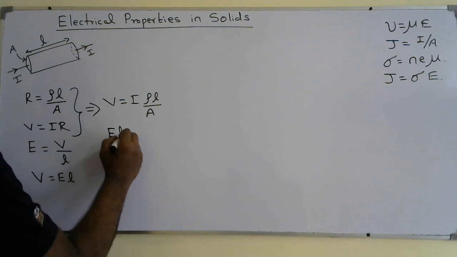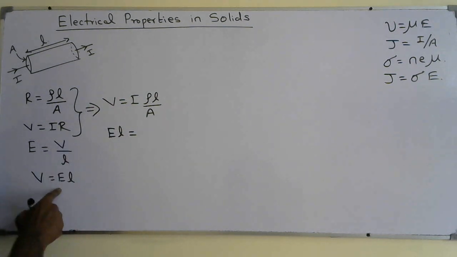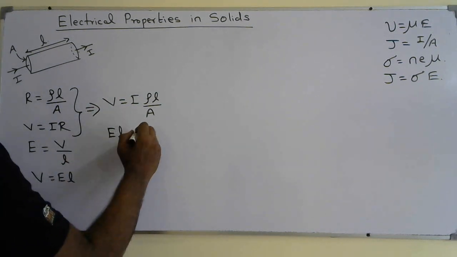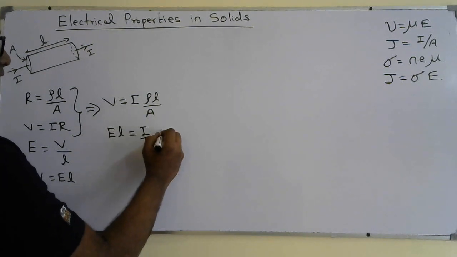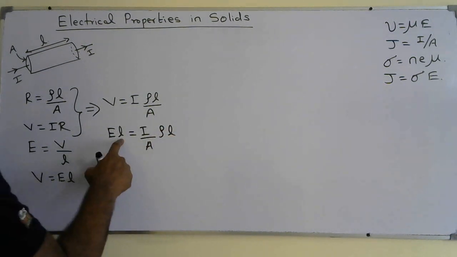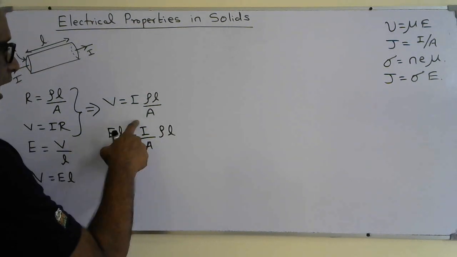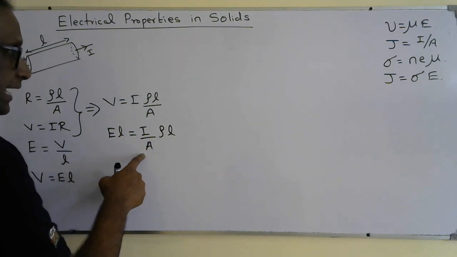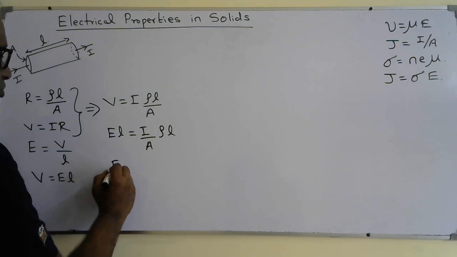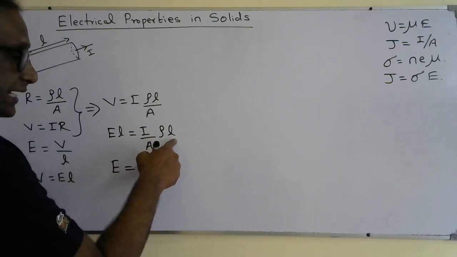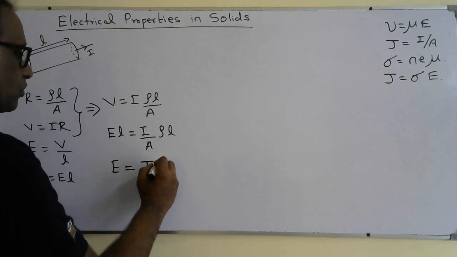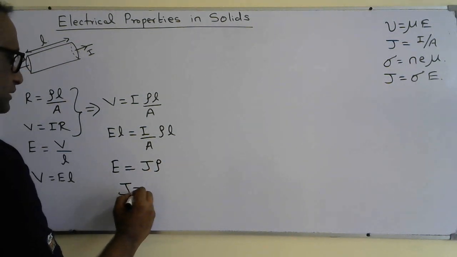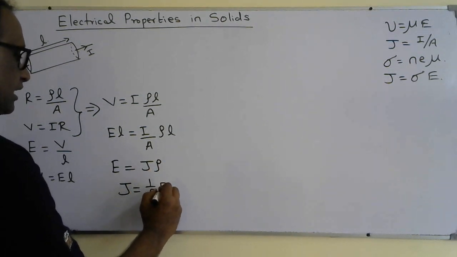So EL equals I over A times rho L. L and L will get cancelled. I over A is the current density J, so E equals J rho. Making J the subject, J equals 1 over rho times E.